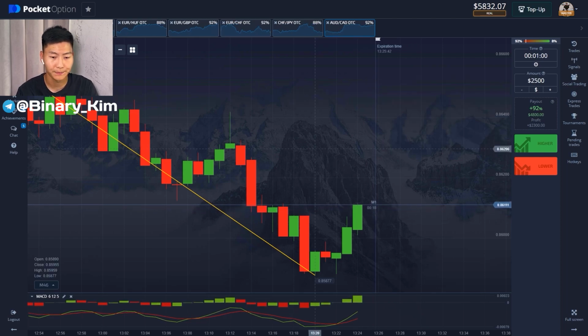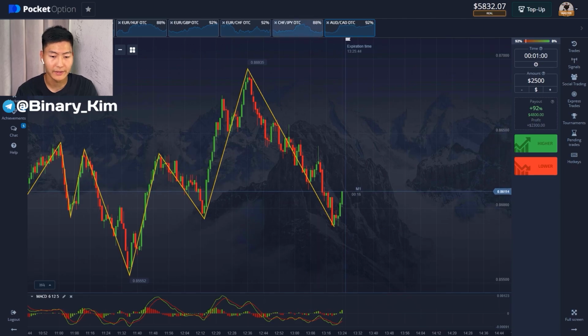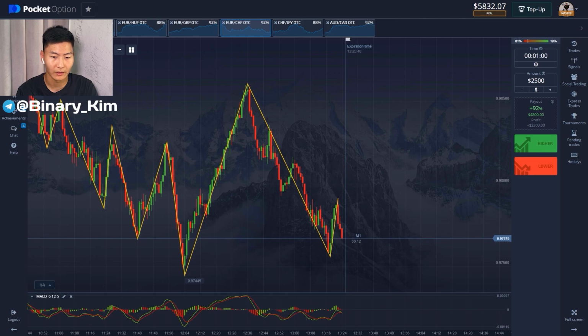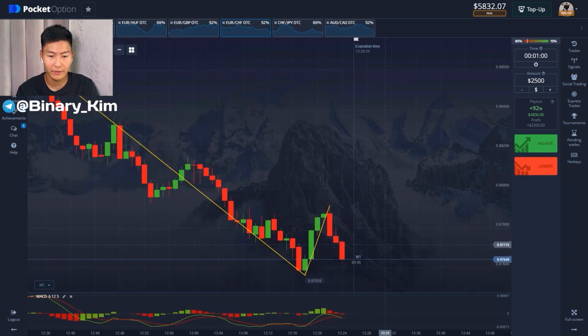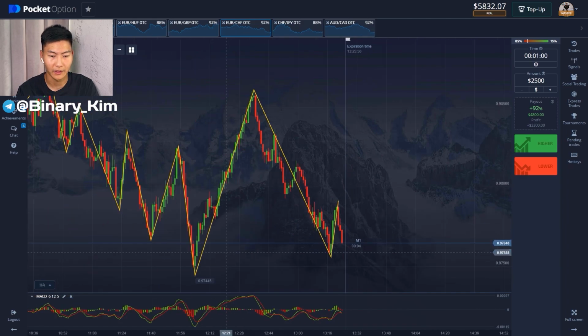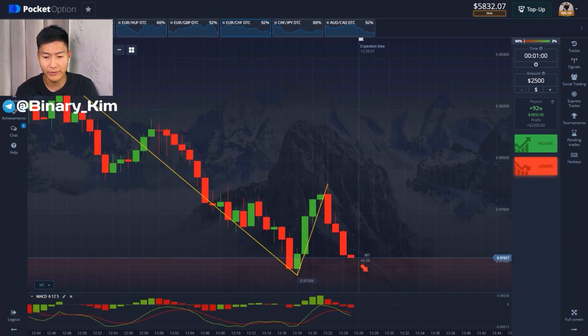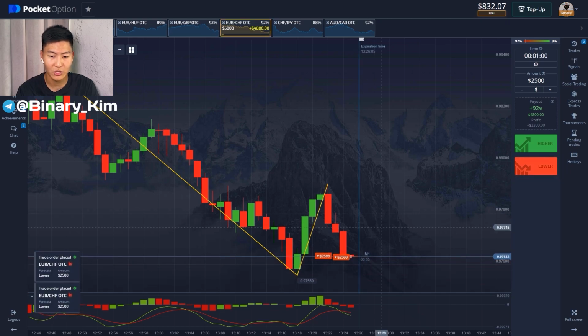As simple. We see the downtrend on the chart, and I think the local low is about to be updated. And let's open a short position.